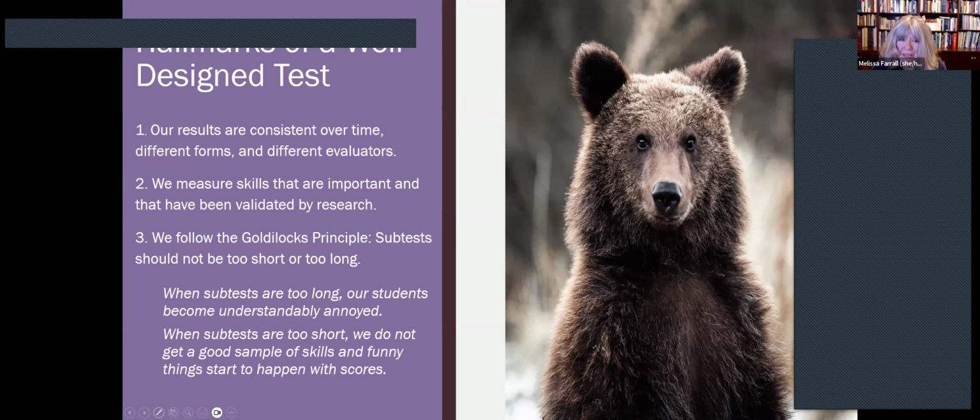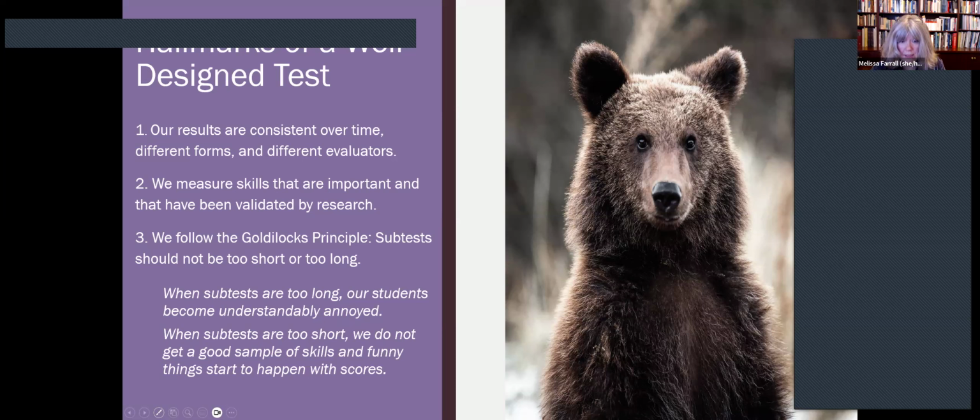As an evaluator, when we get a new test, one of the things we look at is test length. We really want tests that are long enough to allow us to get a good sample of this child's skill set.